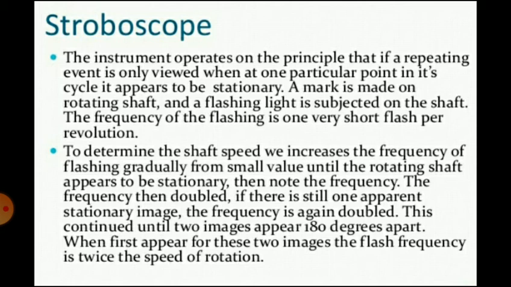Basically, the instrument is a source of variable frequency flashing brilliant light, the flashing frequency being set by the operator. The circuit used is based upon a variable frequency oscillator which controls the flashing frequency.